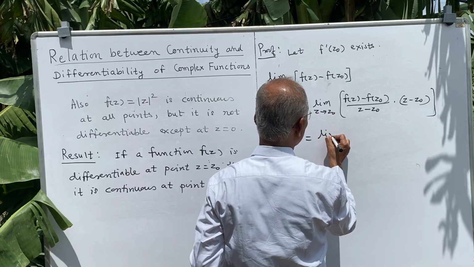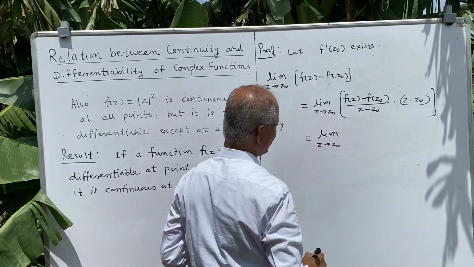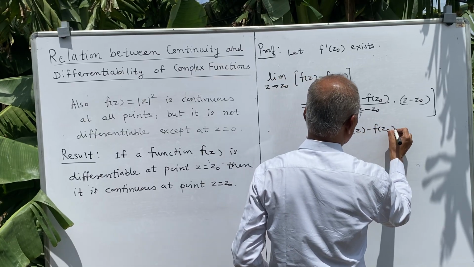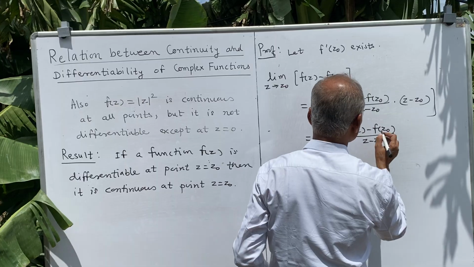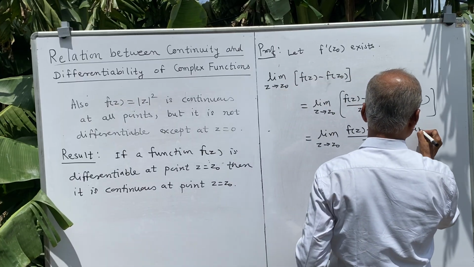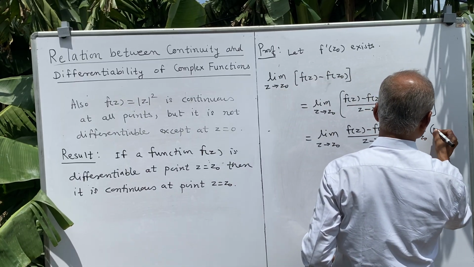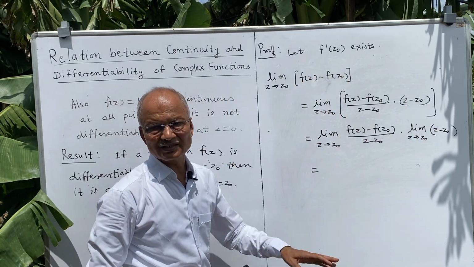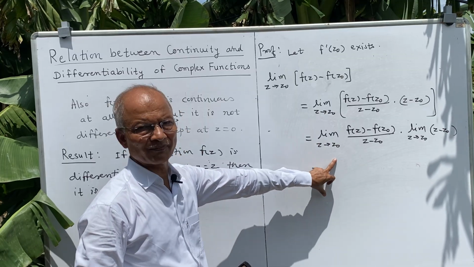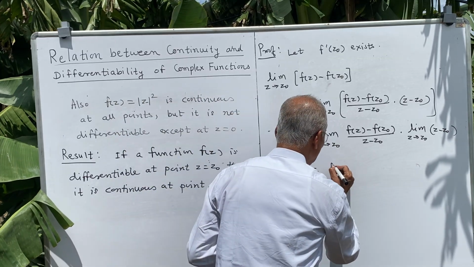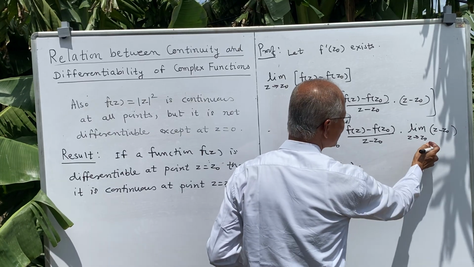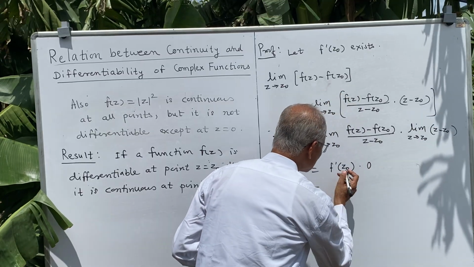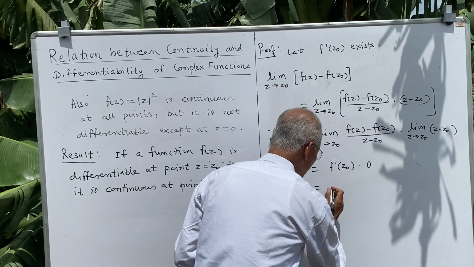Now separate the limit using the theorem on limits: the limit of f of z minus f of z0 divided by z minus z0, times the limit of z minus z0. The first is exactly the derivative of f at z0, so this is f dash at z0, and the second is 0 as z approaches z0. An existing quantity multiplied by 0 is 0.